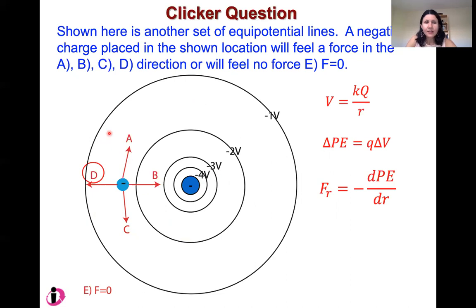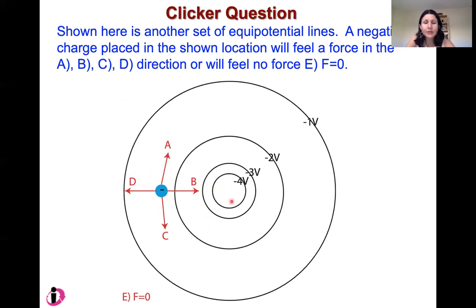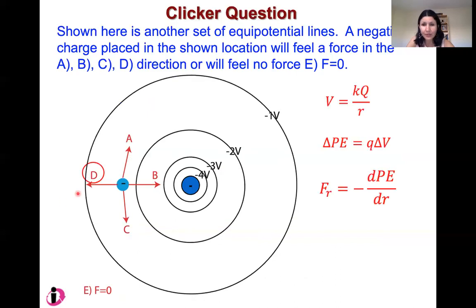There are several ways of thinking about this. First, as you saw in the previous slide, I didn't tell you what type of charge, positive or negative, is generating these equipotential lines. In fact, once you draw equipotential lines, there's no reason to define what the source is, because the equipotential lines already encode that information indirectly. Looking back, if Q was negative and R is small, that's when the voltage is most negative.